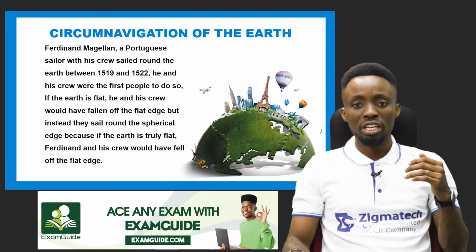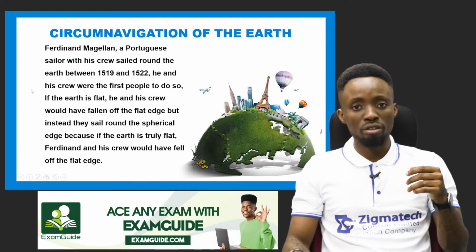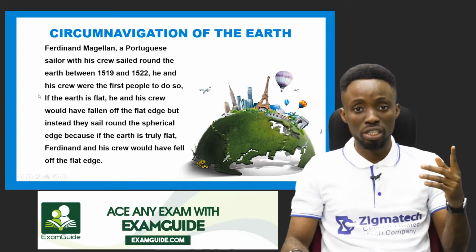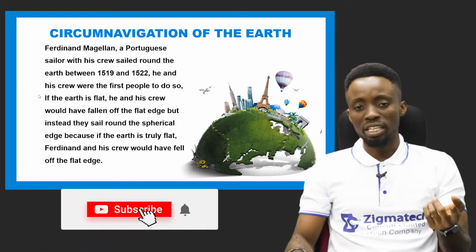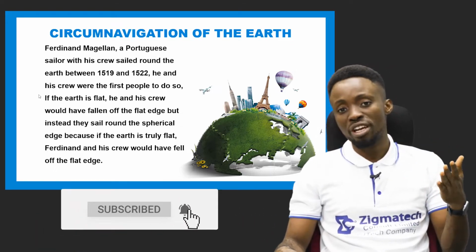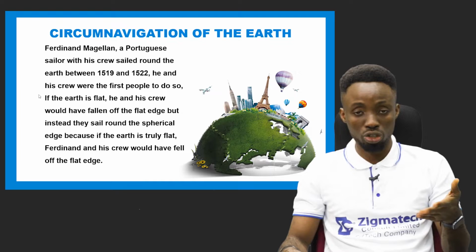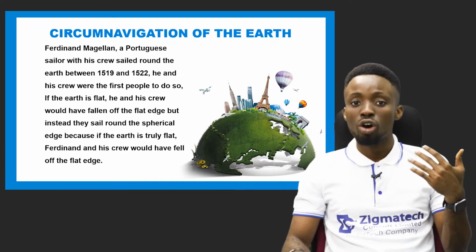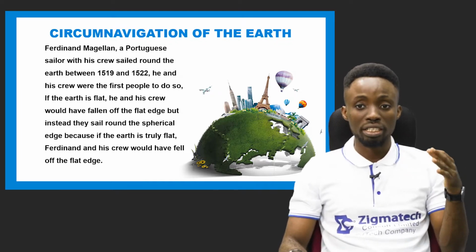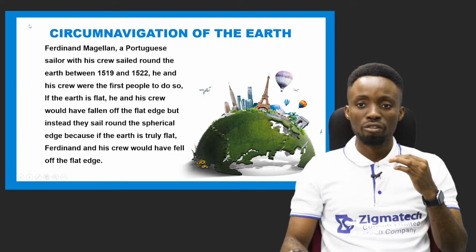So on a flat Earth, while you're going around, you can fall off the Earth into what? Space. But Ferdinand and his crew never experienced such. So as a result of that, we can also say that the Earth is round and not flat.